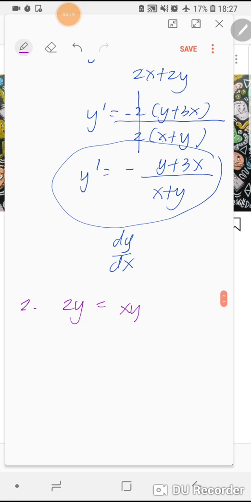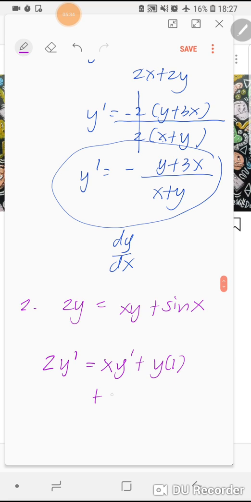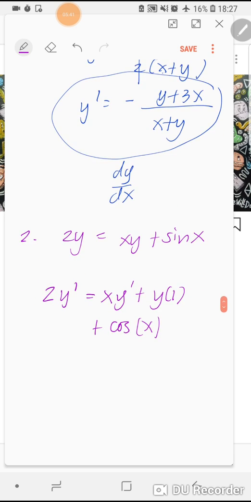So xy plus sine x. Same drill: 2 times the derivative of y, y prime, equal to x y prime plus y times the derivative of x, which is 1, plus cosine x. We know the derivative of sine x is cosine x, and I hope you will not forget that it's not supposed to be negative.